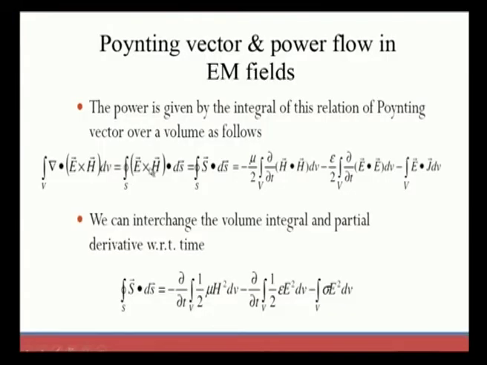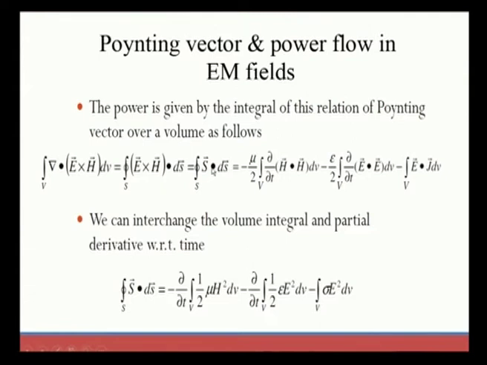Integrating the previous equation, it will be rewritten like this, and this represents the closed volume and the surface of the closed volume, the integral over the closed surface, which is again rewritten as S dot ds. Here E cross H is replaced by S, because E cross H equal to S is the definition of the Poynting vector.